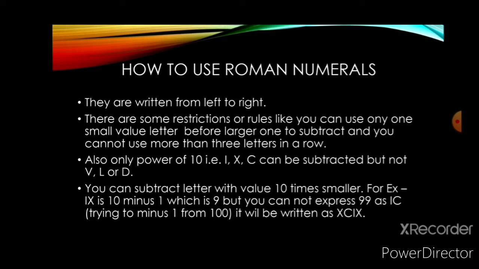For example, IX is 10 minus 1, which is 9, but you cannot express 99 as IC, trying to subtract 1 from 100. It will be written as XCIX. And also, for example, you can use only IX but not IIX.